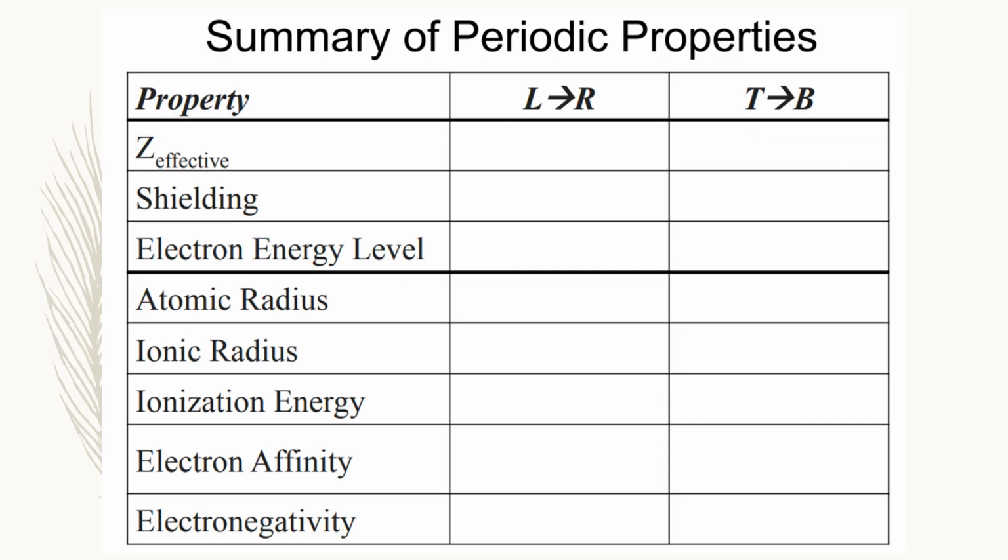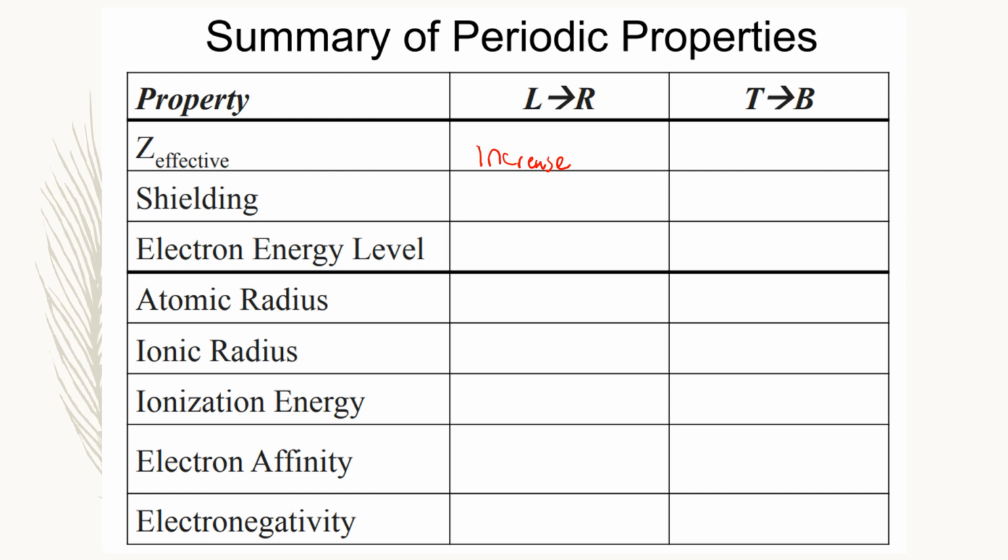Okay, so let's just do a quick summary of these different periodic properties. So our first one, Z effective, again, it is going to increase as we go from left to right across the periodic table. This is again due to the number of core electrons staying the same, while the protons and the electrons in the outer shell continue to increase.